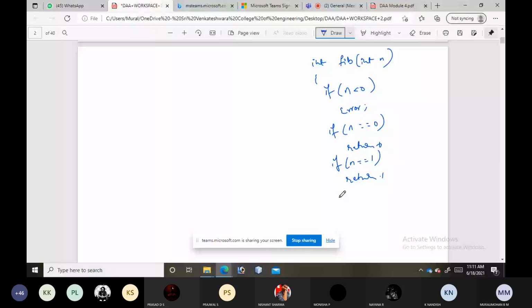Let me take one variable for this, and next we will return this sum. Clear?